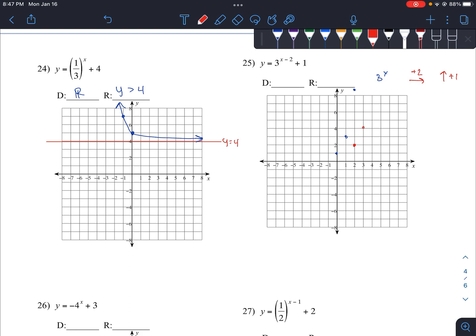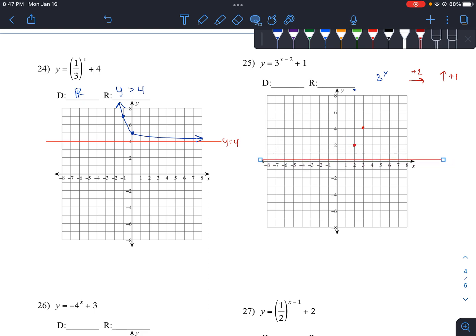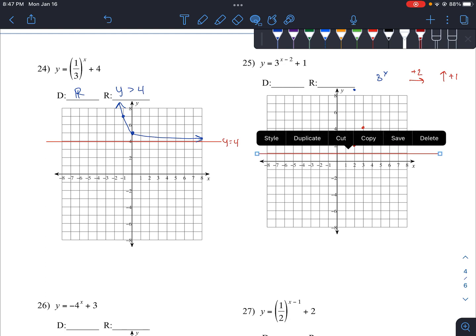And then this one right here, of course off the graph, would also be right 2 and up 1. The asymptote for exponentials would be right here, and the asymptote doesn't matter moving left to right. It's still going to stay right there. So it only matters that we move it up. Let me get rid of these dots right here, though. So this is going to be right here, we'll say.